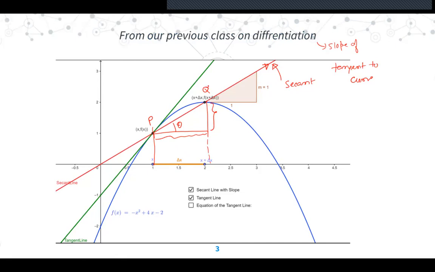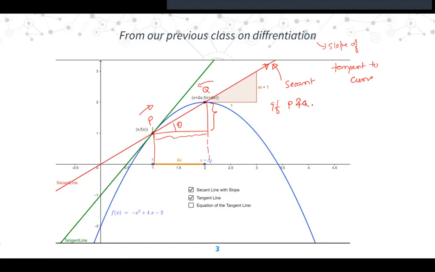Now, if you just draw the point P and Q closer to each other, in that case, you will see that if P and Q are drawn closer to each other, then the secant will become a tangent.